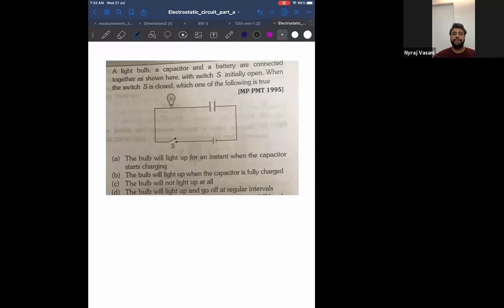Answer will be A. Correct? What is the logic? First, it will act like a closed circuit or a smooth wire, so it will light up. And then once it acts like an open circuit, nothing happens. So it just lights up for an instant when the capacitor starts charging. Answer is A. So I think I got the right answers from all of you.